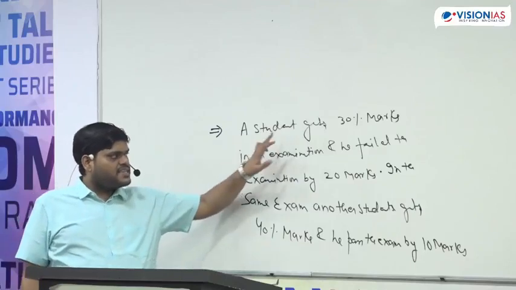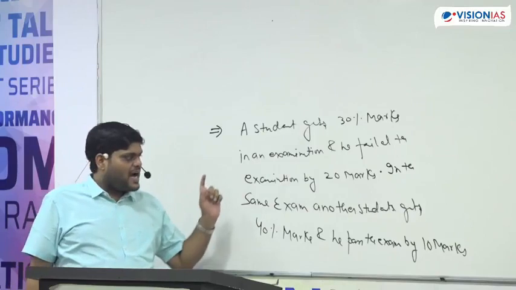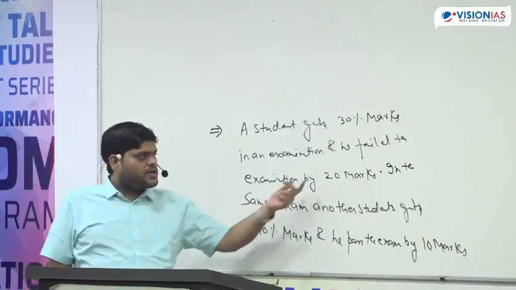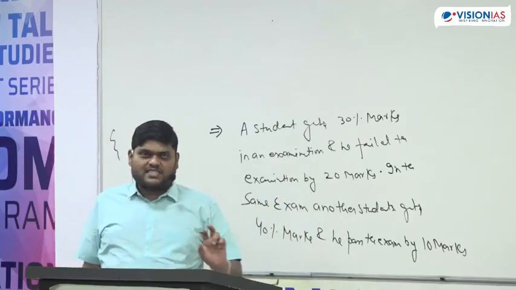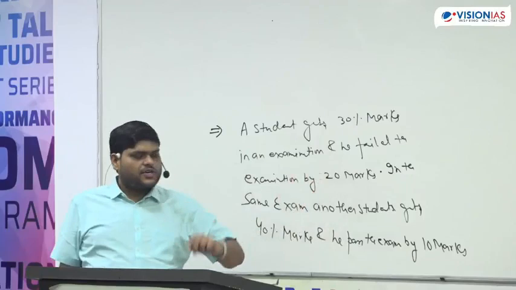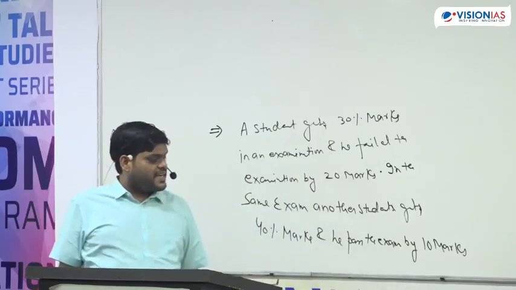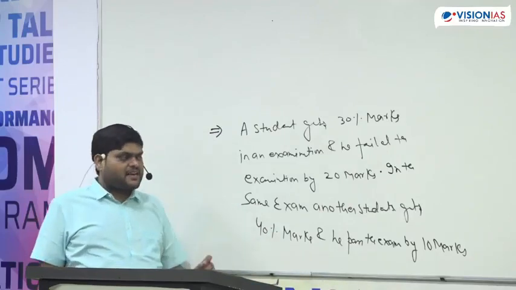A student gets 30% marks in an examination and he failed the examination by 20 marks. That means he is getting 30% marks, but still he failed the examination by 20 marks. In the same exam, another student is getting 40% marks and he passed the examination by 10 marks.